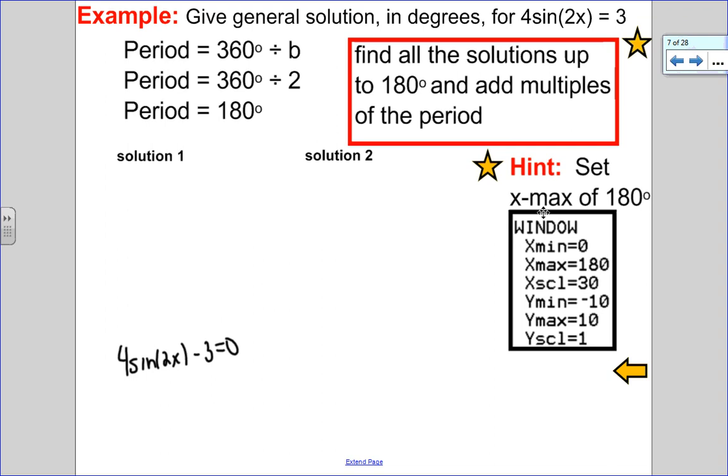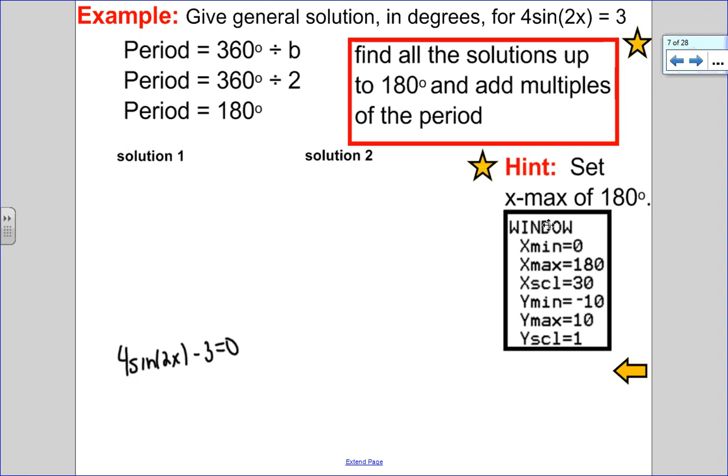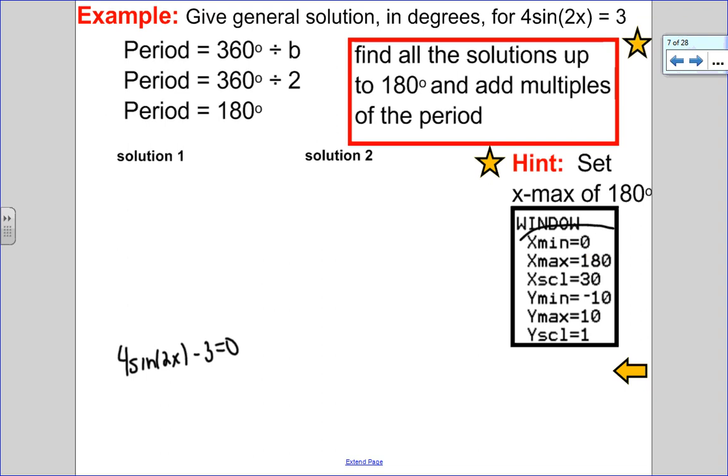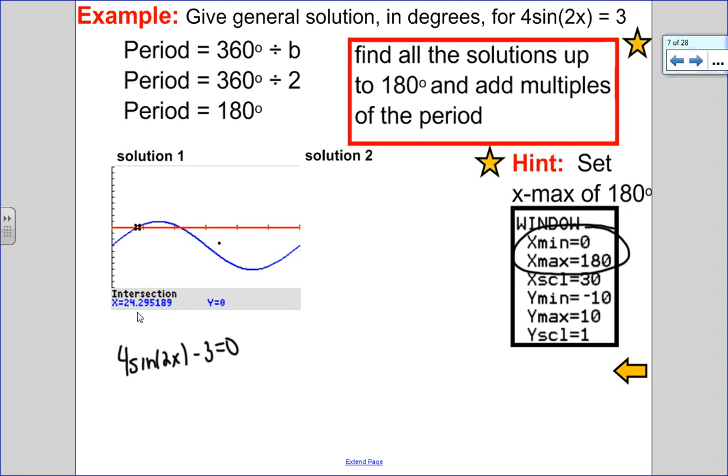So again, I am going to use my window setting to do that. So you'll see that my window setting here is set between 0 and 180 because that is 0 up to the period. Okay, so looking at solution number 1, 24.3.